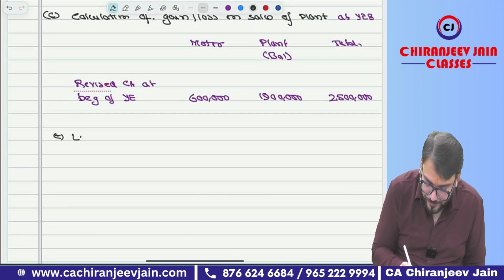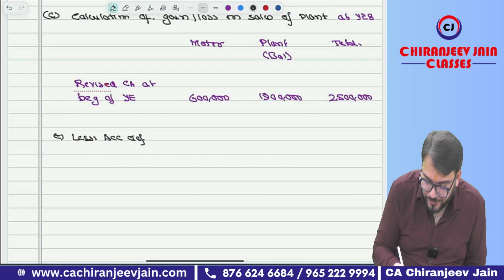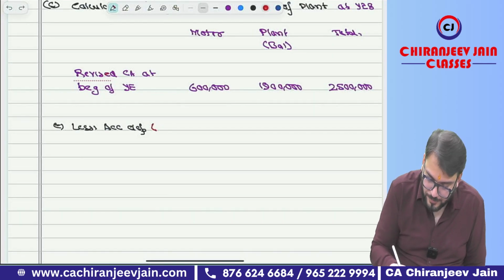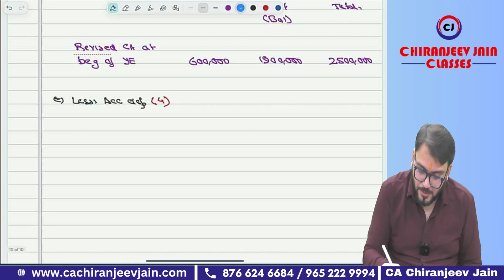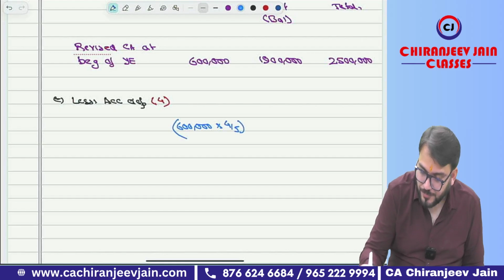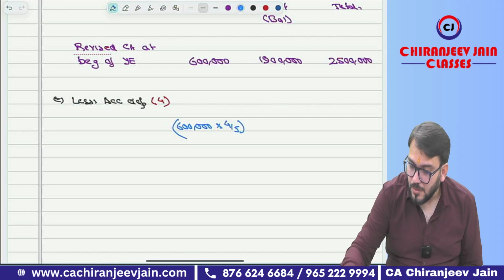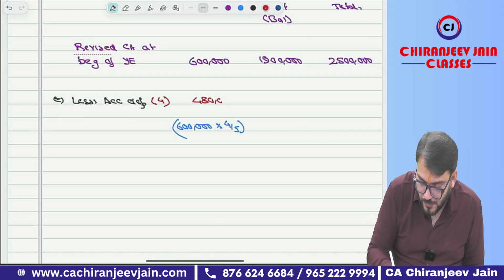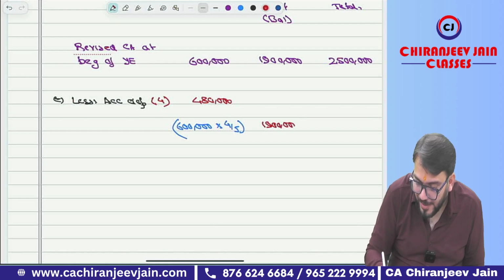Then we'll do less accumulated depreciation for again 4 year. This will be 6 lakh into 4 by 5. How much? That is 4,80,000. And for 19 lakh, what is the expired remaining life?